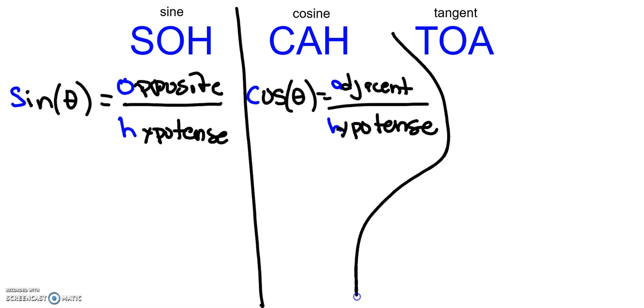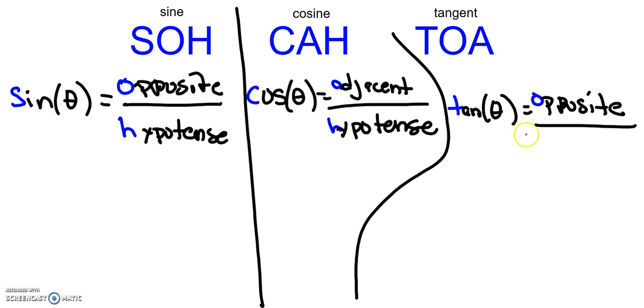And then the last one, TOA, which is T for tangent, which we abbreviate tan. Tan theta is equal to, and again, O is still opposite, and A stands for adjacent.